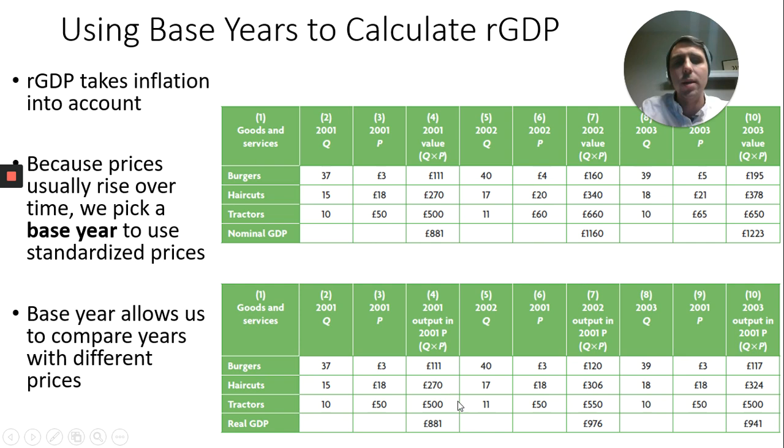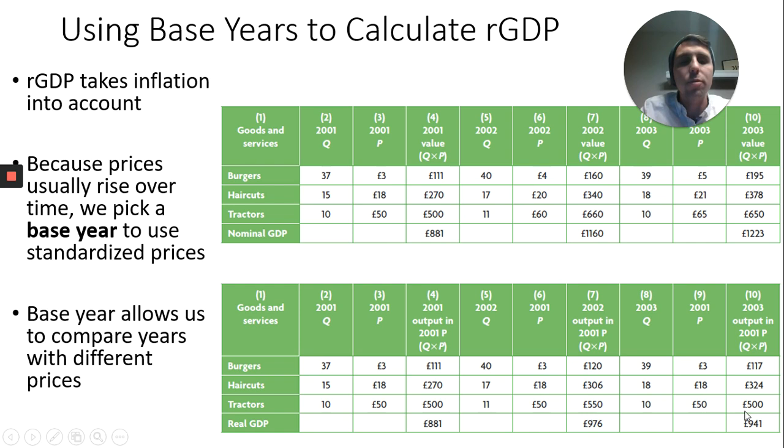It's still 881. But our next year, instead of 1160, because it includes our old pricing, because we're trying to come up with a pricing scheme that matches old and new, it only goes up to 976. So you'll see that it is much more sobering in terms of how much the economy has grown. And then when we get to 2003, in our nominal GDP, we go from 1160 to 1223, and our GDP increases.